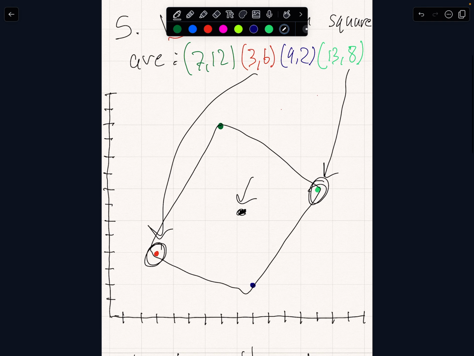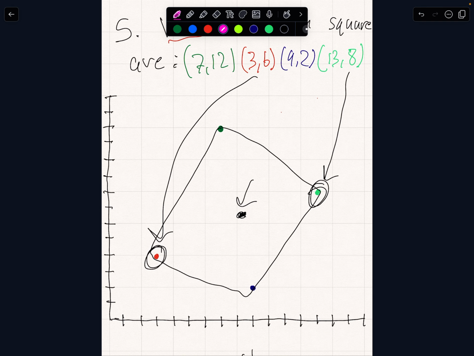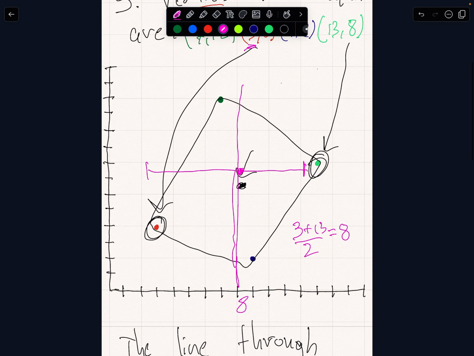If I do 3, which is the x value here, plus 13, over 2, which is going to give me 8, I know that the middle point is going to be somewhere where the x value is equal to 8.